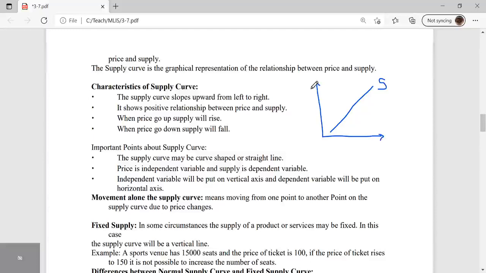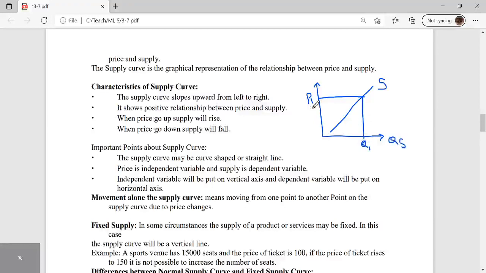When we talked about demand, we thought like a consumer, but now we'll be thinking like a producer. When the price was P1, the quantity supplied was Q1. There's quantity supplied on this axis.